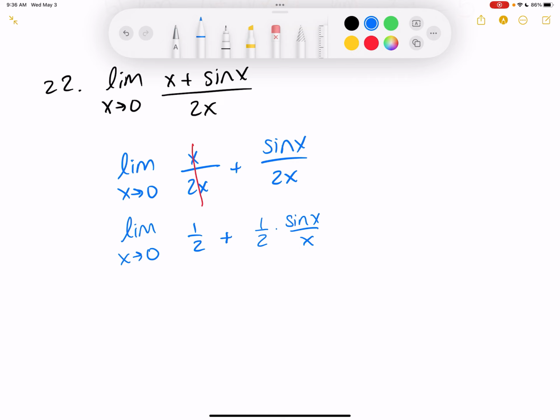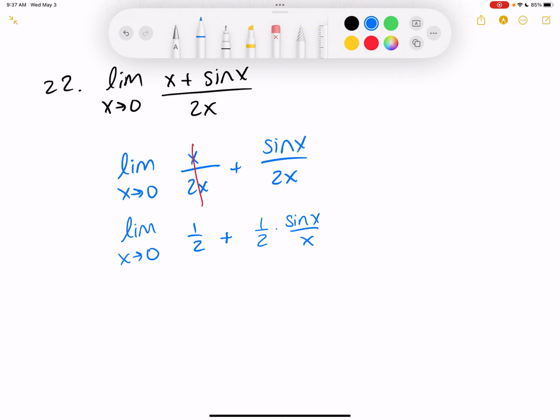This being multiplied is still sine of x over 2x. 1/2 times the sine of x over x would be the sine of x over 2x, right? Okay.